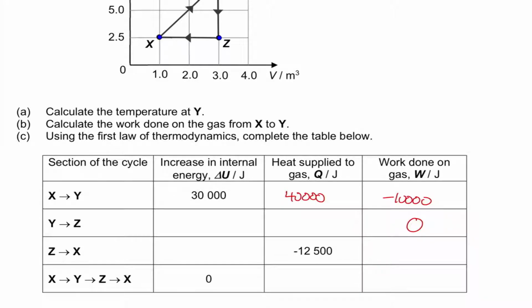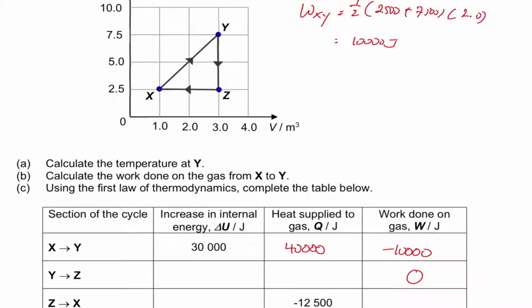Okay, next, what else can we find easily? We can find work done from Z to X as well. So work done is this section here. This one is easy to find. So let's just write it again over here. So W from Z to X is equal to 2500 times 2.0. So I get 5000 joules.